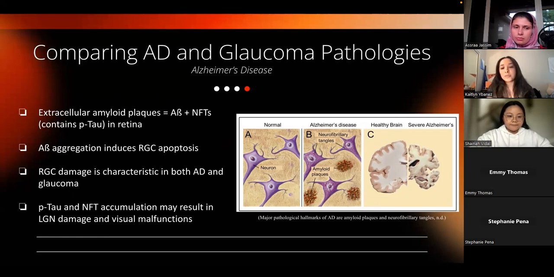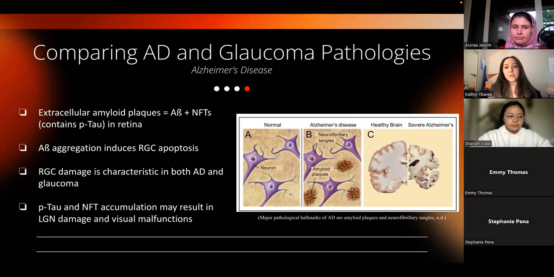A significant increase in doing so can cause RGC apoptosis, which is cell death. RGC damage is characteristic in both AD and glaucoma, so this is trying to draw a bridge between Alzheimer's and glaucoma.